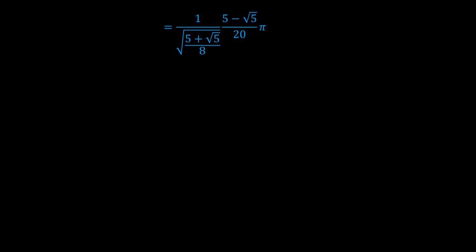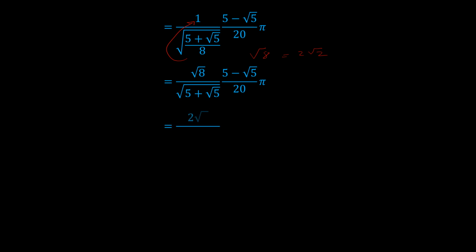First of all, this 8 here can go up here, and we know that square root of 8 is the same as square root of 4 times 2. Square root of 4 is 2, so this is the same as 2 root 2, right? And then our expression here, we can simplify further so that we have 2 root 2 over square root of 5 plus root 5, and then we have 5 minus root 5 over 20.